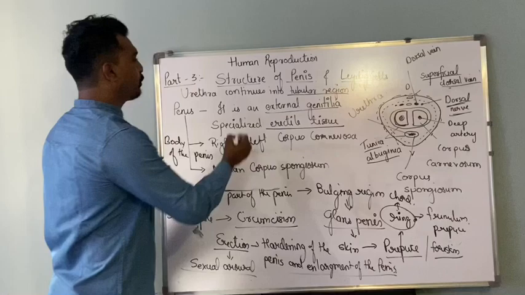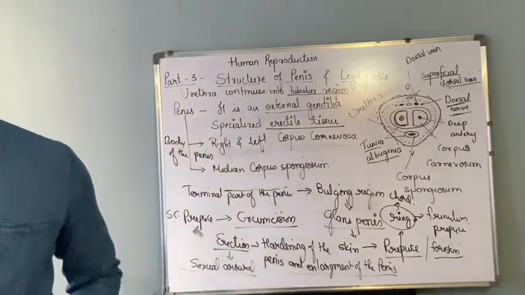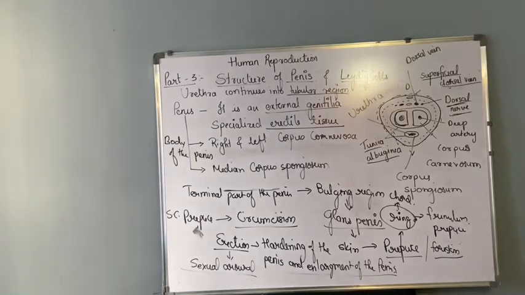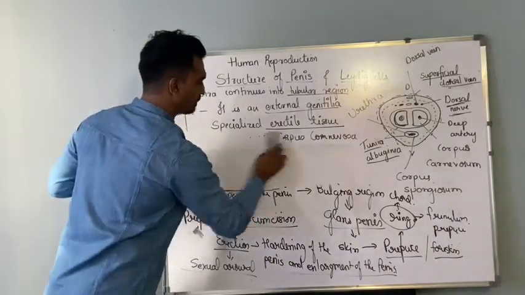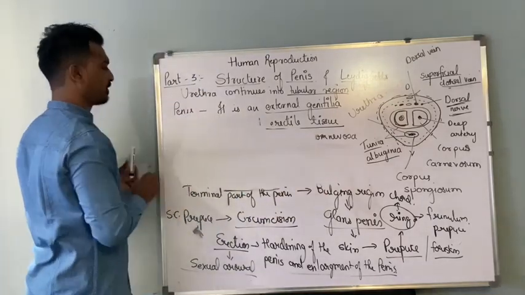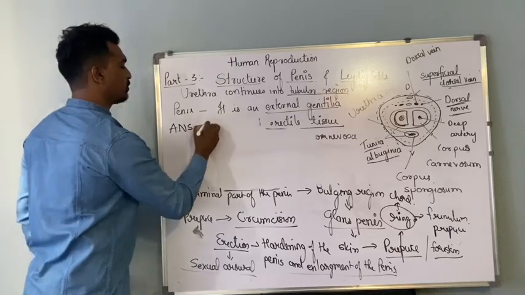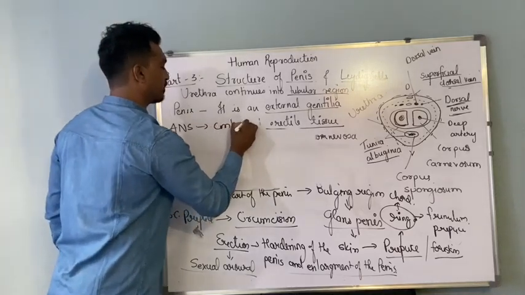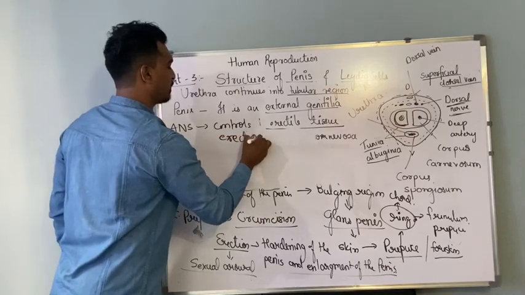The autonomous nervous system. The autonomous nervous system controls the erection.